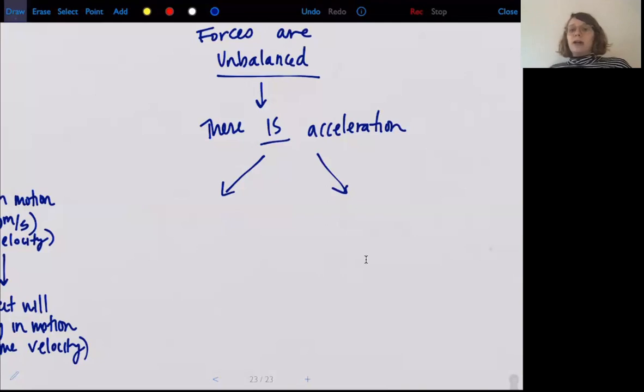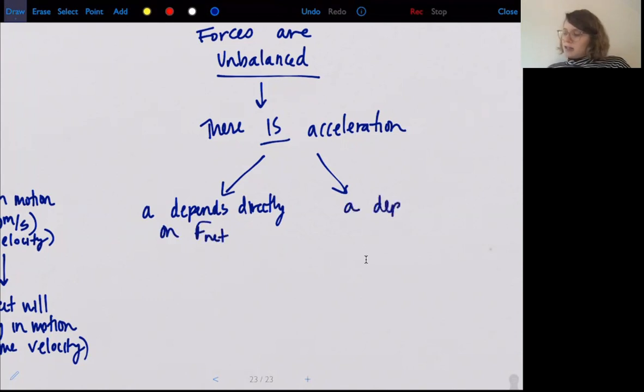So acceleration depends directly on net force, F net, and acceleration depends inversely on mass.